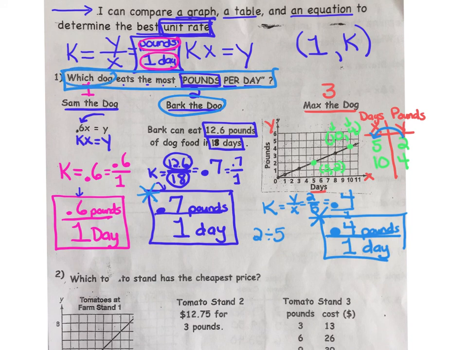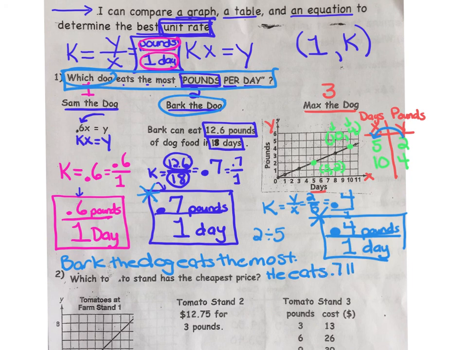You might say something like this: Bark the dog eats the most. He eats 0.7 pounds per 1 day.